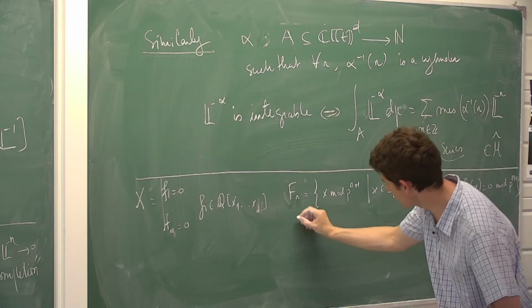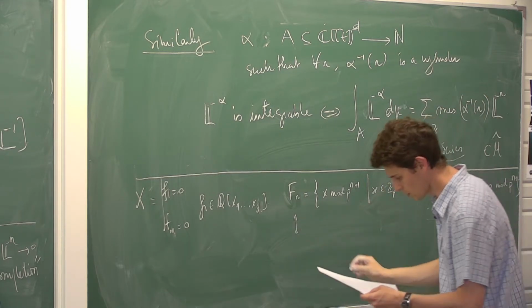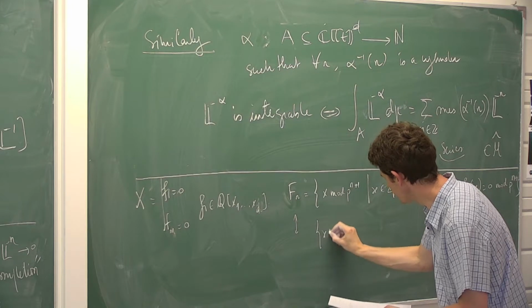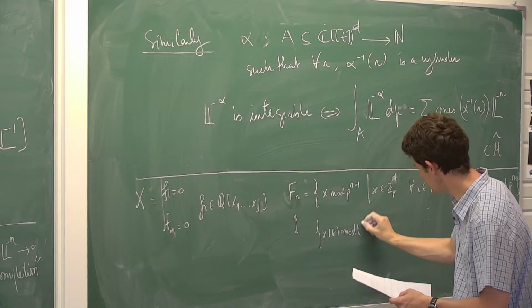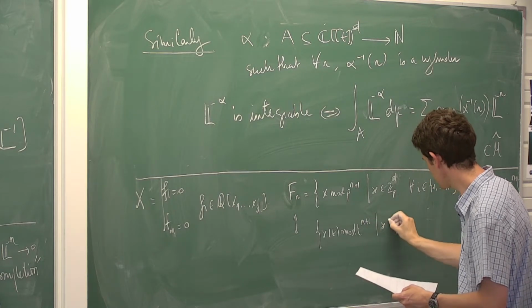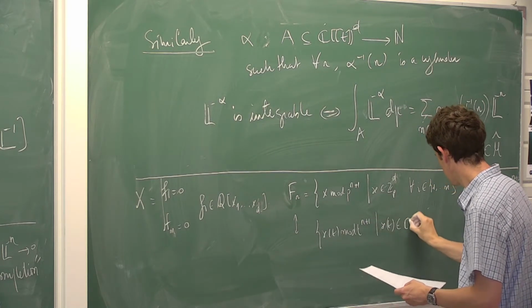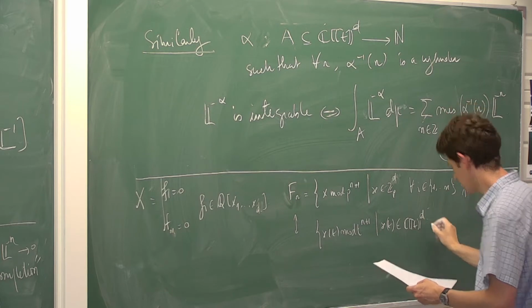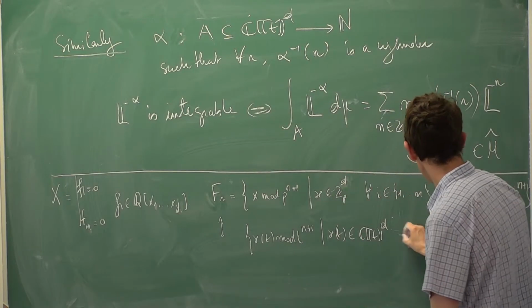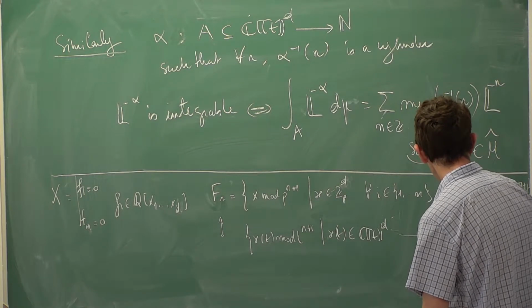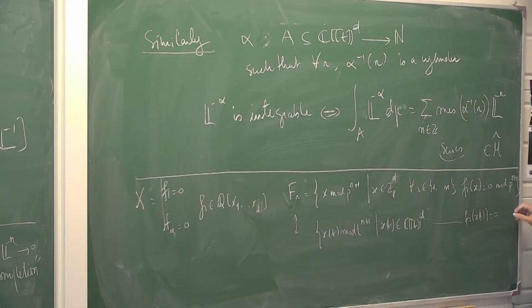So in terms of arcs, this is related to the set of x(t) modulo T^(n+1), x(t) a formal series, and such that f(x(t)) is 0 modulo T^(n+1).